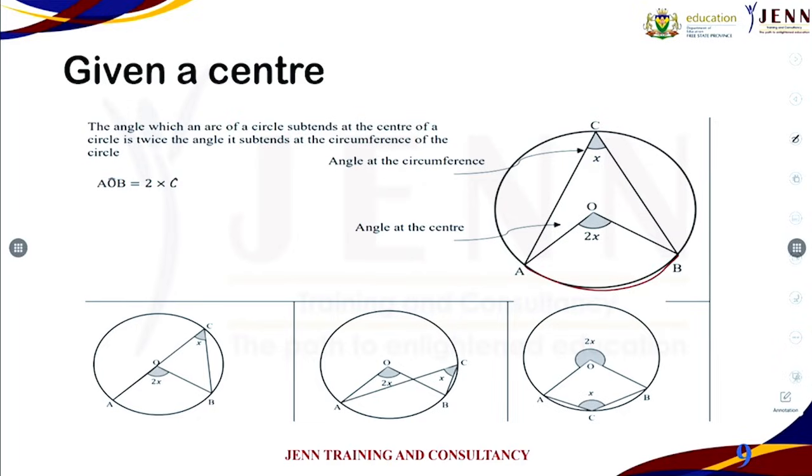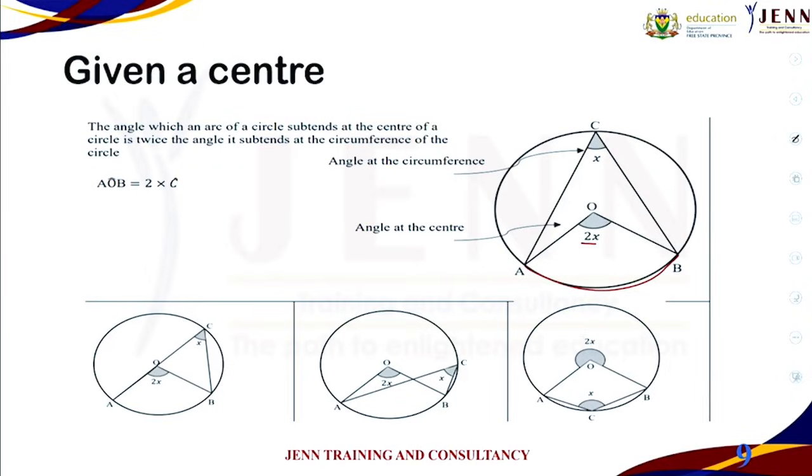So you must look out for the angle subtended by an arc at the center of the circle. We know that an angle subtended by the arc at the center of the circle is equal to 2 times the angle subtended by the same arc at the circumference, which is: angle at center is equal to 2 times angle at circumference.